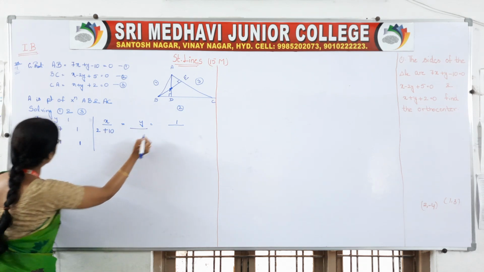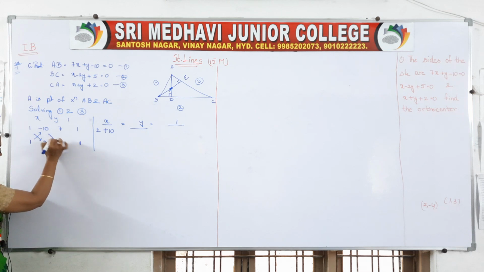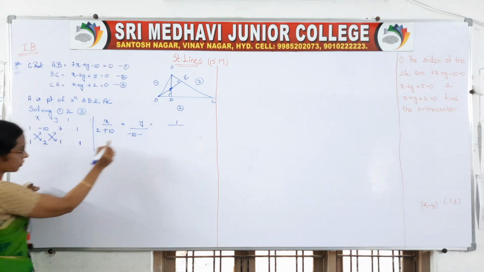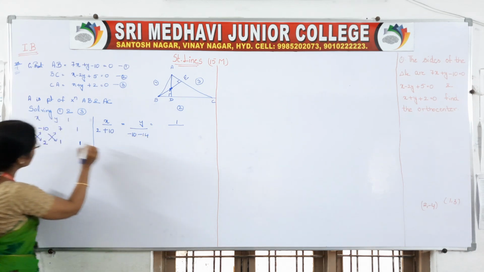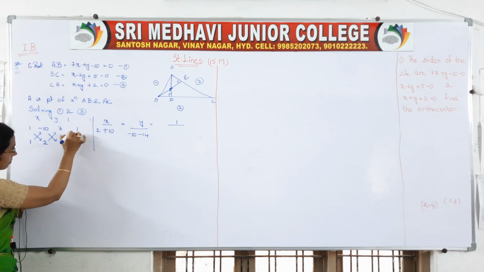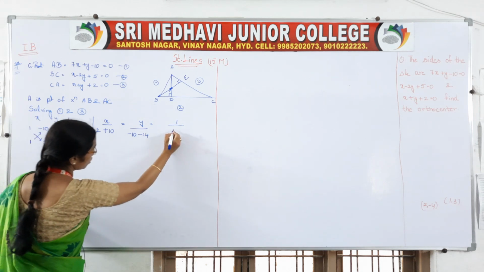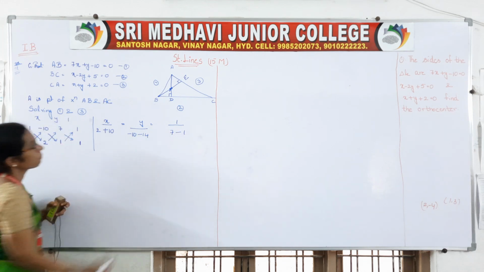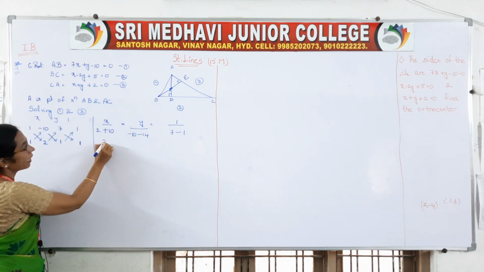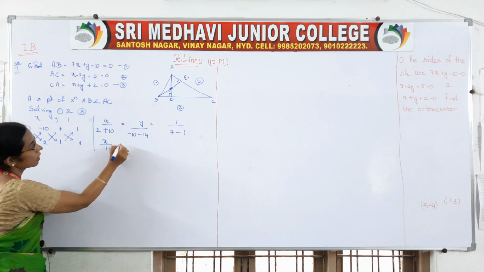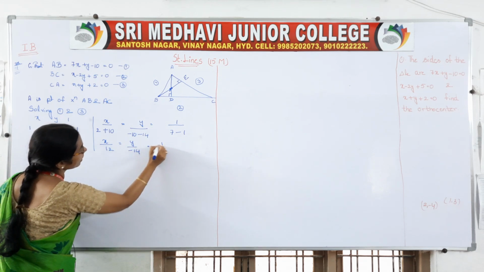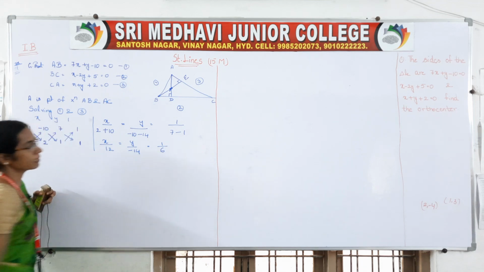Next, for y: -10 into 1 is -10, minus 2 into 7 is 14. Again, 7 into 1 is 7, minus 1 into 1 is 1. So x by 12 is equal to y by -14 is equal to 1 by 6.